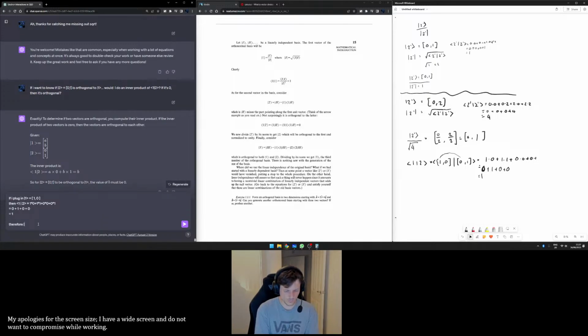Therefore, 1 is not orthogonal to 2. Which is 2, which is the norm of 2 prime.